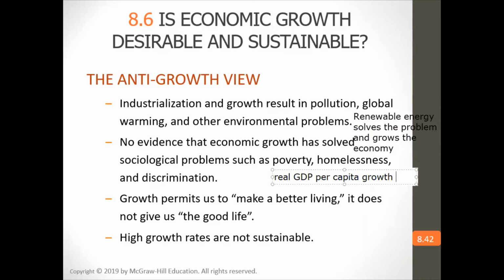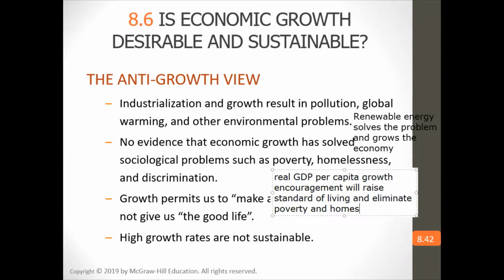Because if we focus on real GDP per capita growth, encouragement will raise standard of living and eliminate poverty and homelessness and discrimination.